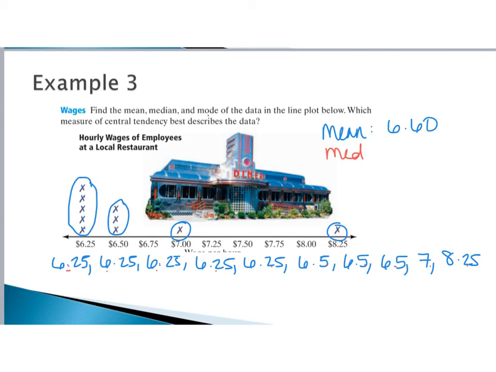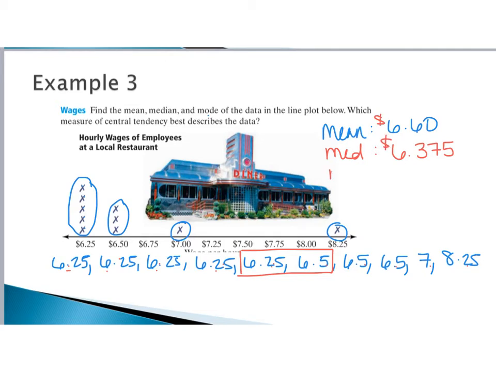So 1, 2, 3, 4, 5. So I am going to take and add the 6.25 to the 6.5 and divide by 2. And my median then is going to be 6.375. And keep in mind these are dollars, and I should keep that with it.